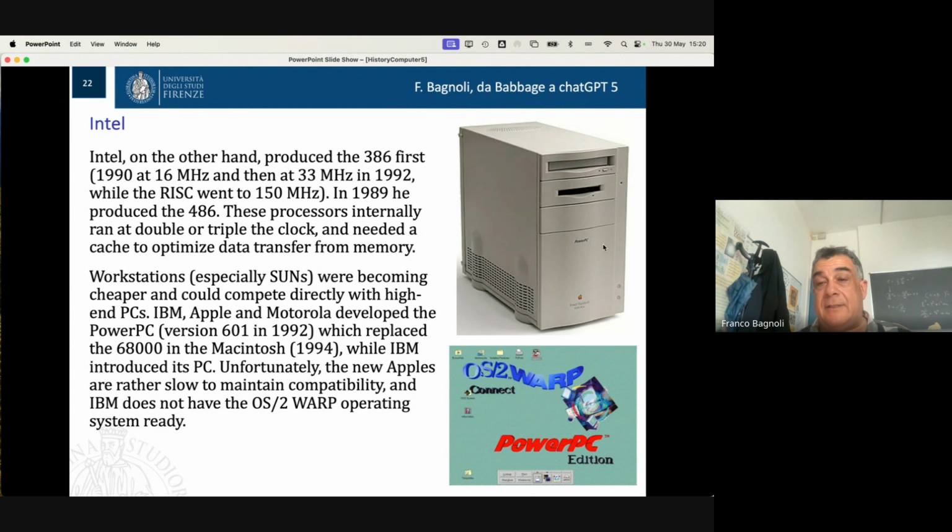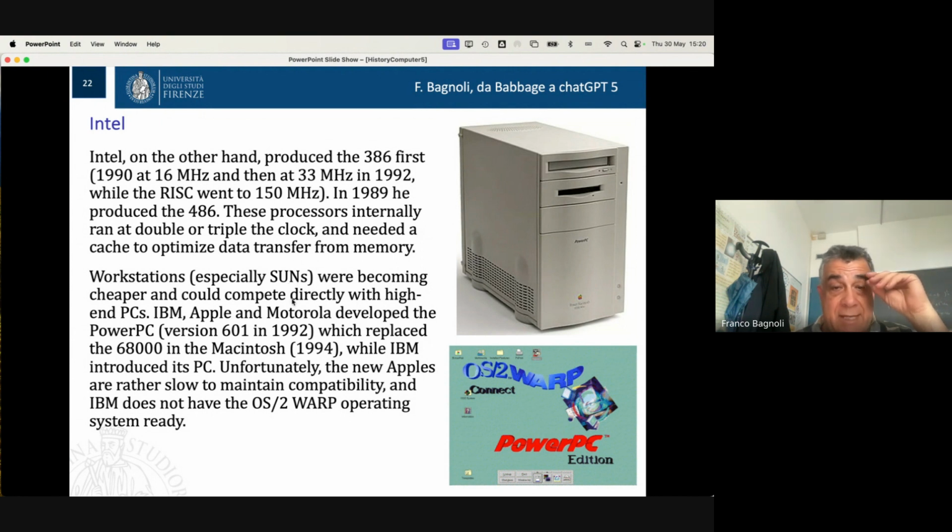Macintosh first tried the PowerPC processor by IBM, the one that was developed for OS/2, but at a certain point they had to abandon this because it was not being developed anymore and passed to Intel.